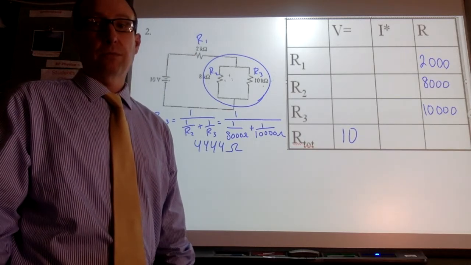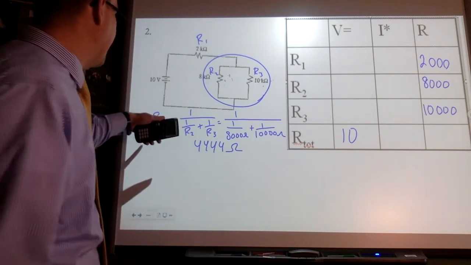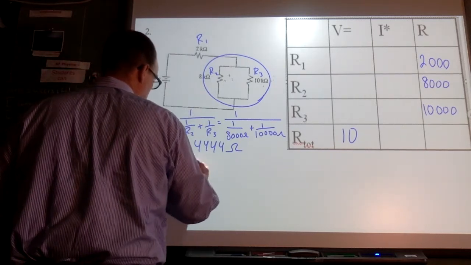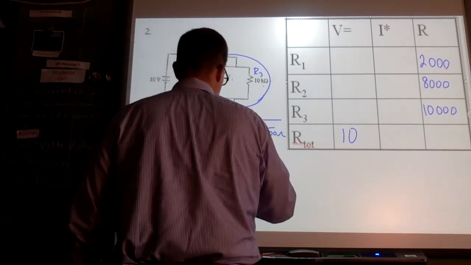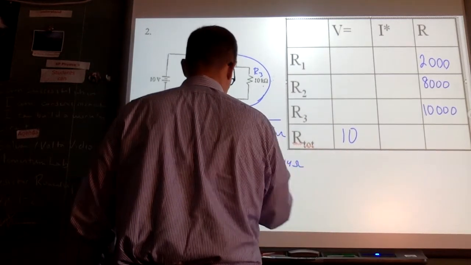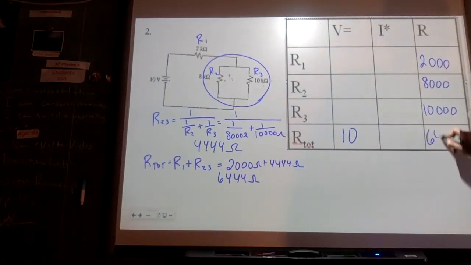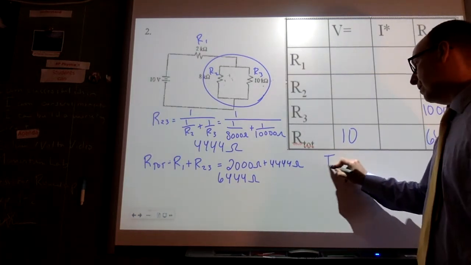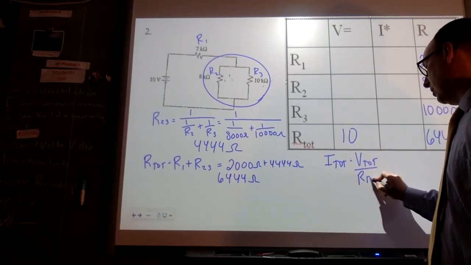Nowhere. Because there's no place for R23, because it's not real. But I can add this to R1 and get R total. And so this is going to be 2,000 plus that, so I have 6,444. Now I can get I total by taking V total over R total.